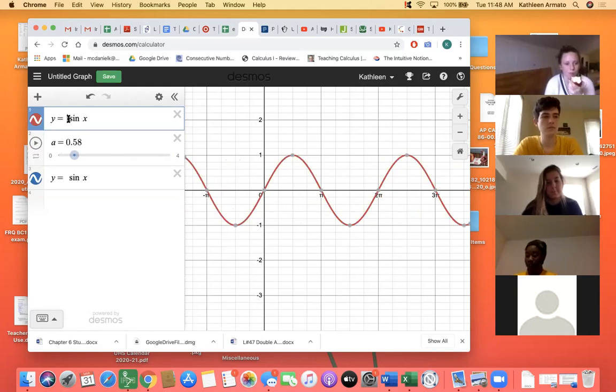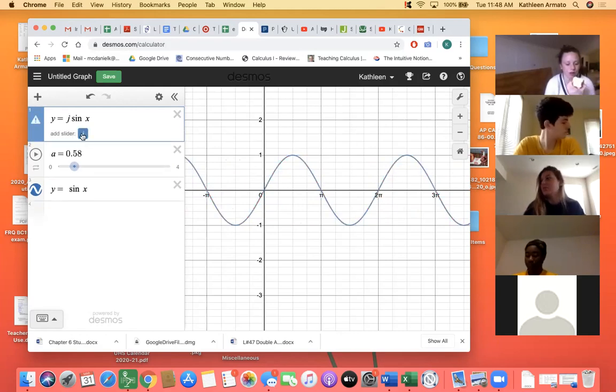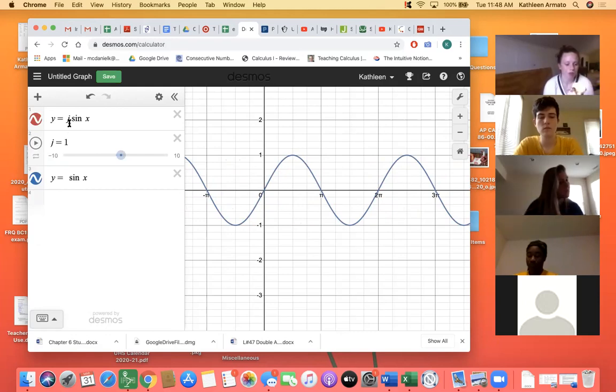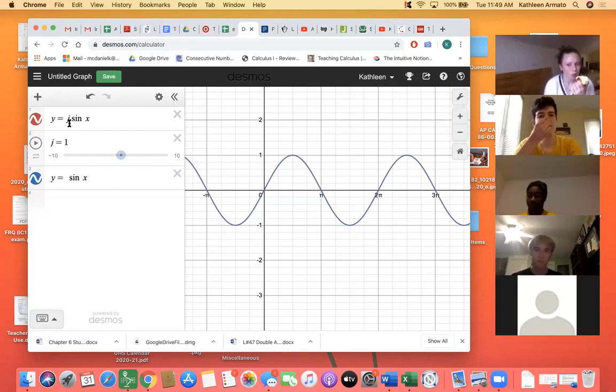We'll just call this J, just making up letters. If I put J, a constant, in front of the graph, what did that do to the graph again? What does that change? Maggie, do you remember having a number in front of the graph? It changes the height of it on the y-axis, right? Right. So that's called the amplitude.